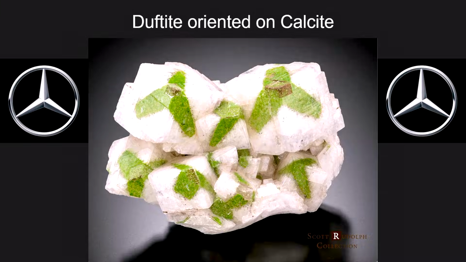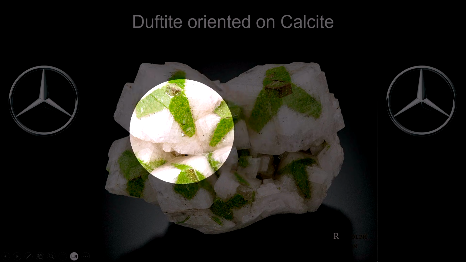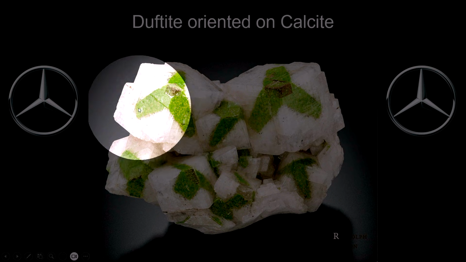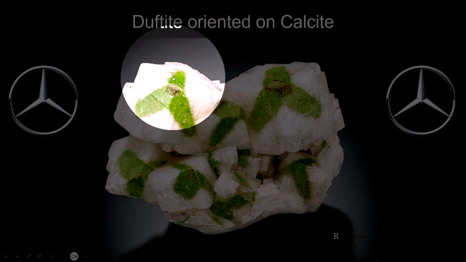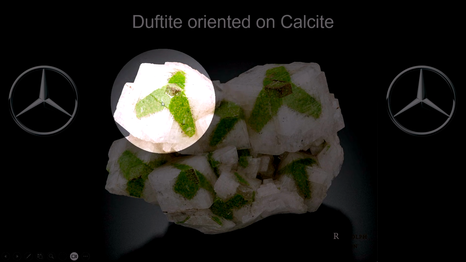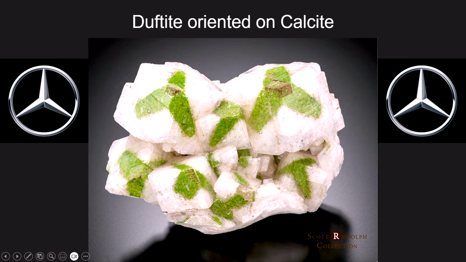Well, here we have the Mercedes-Benz calcite with the duftite oriented on the faces of the rhombohedron. It looks almost like the green has been spray painted onto these parts of the rhombohedron, but in fact, if one sees this piece in person, one can see that this calcite is opaque, but the calcite here is entirely transparent, and one can see the duftite through the transparent calcite.